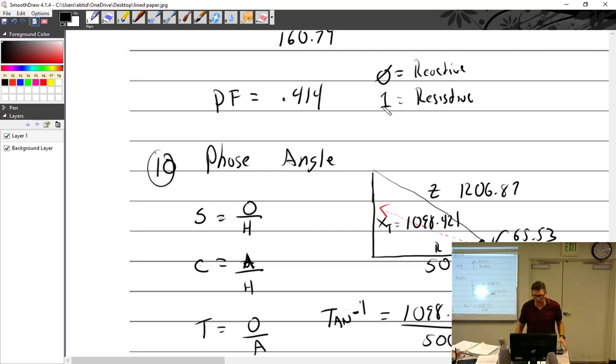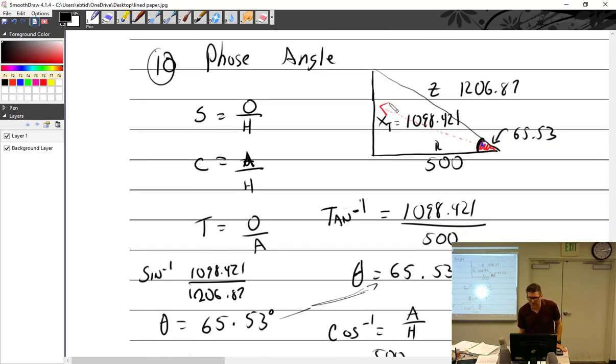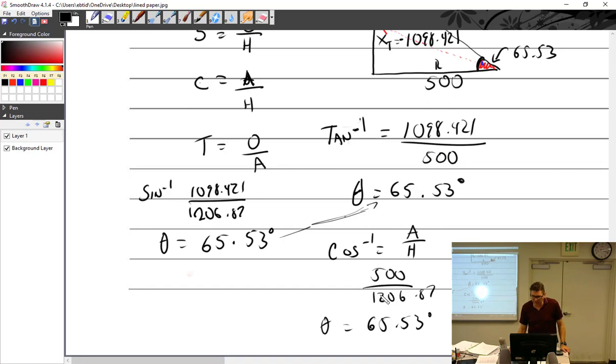I just put that over here and go, it was more capacitive, so X of T is a negative number. When I get all the way down to the angle theta, I'm going to go, wow, it's negative 65.53, which simply tells me what I already knew.